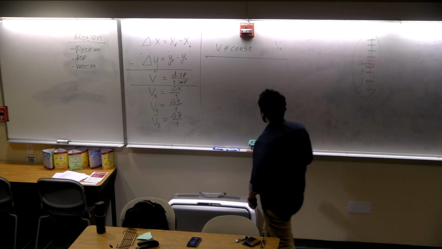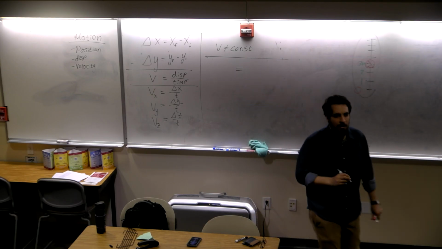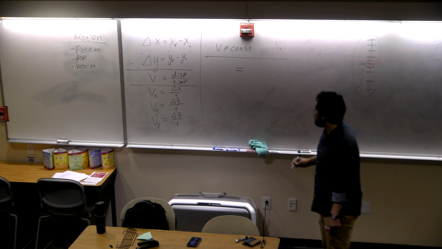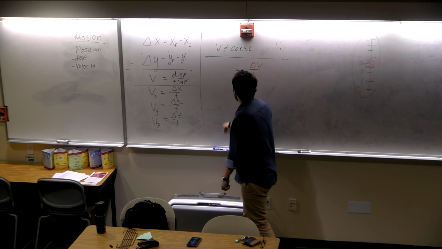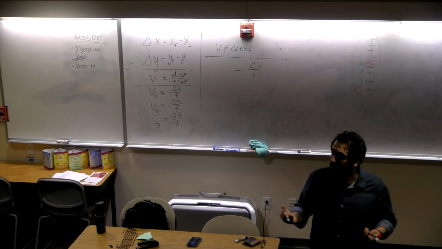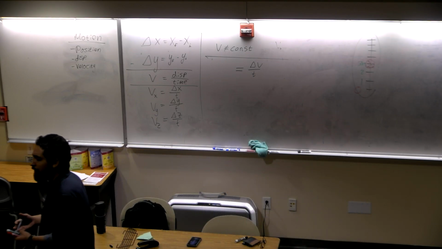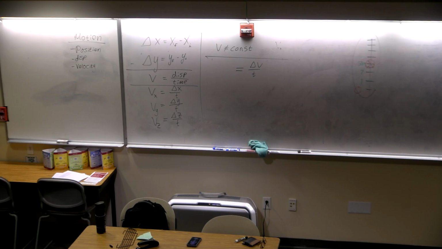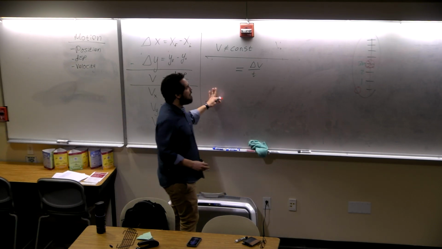So whatever this quantity is that describes a change in velocity, why don't we just say it's change in velocity over time? Why do we do this? Well, this gives us a way to see how quickly our velocity changes. If t is small, then we have a very fast change in velocity. If t is large, then we have a very slow change in velocity. So this seems to be a good way to describe some change in velocity.